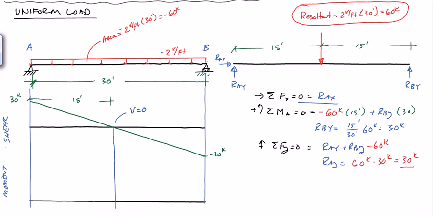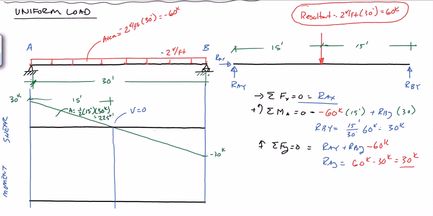For the moment diagram, again, because we have a pin at each end, the moment starts at 0. The moment will be maximum where the shear crosses the axis, so at 15 feet over. We can calculate the change in moment as equal to the area of the shear diagram. So the area here is equal to 1/2 times 15 feet times 30 kips, and that gives us 225 kip feet.